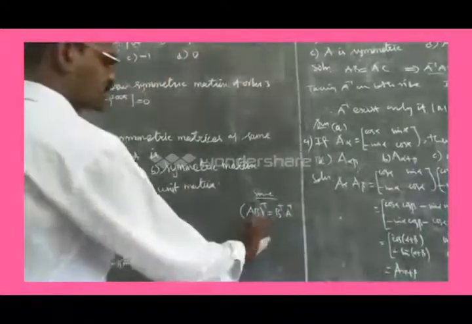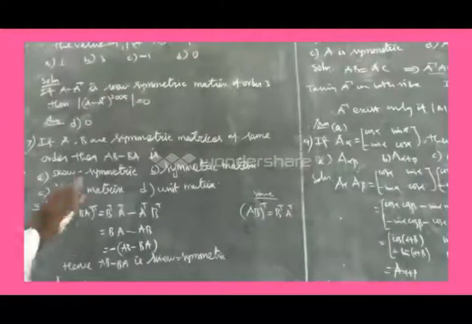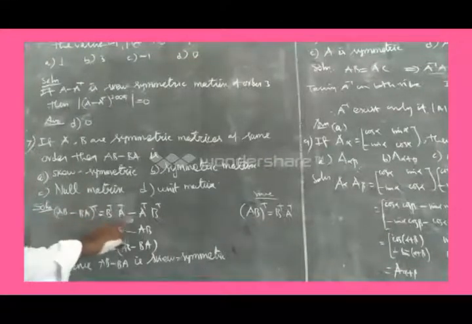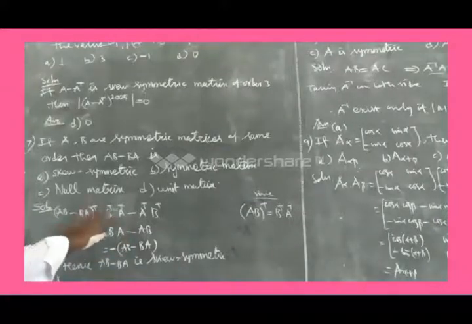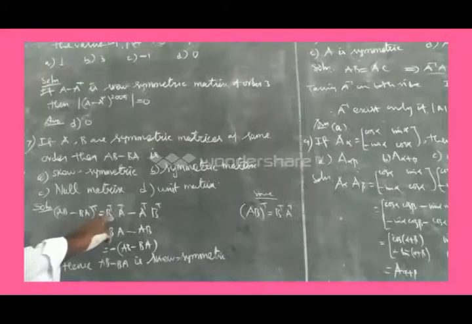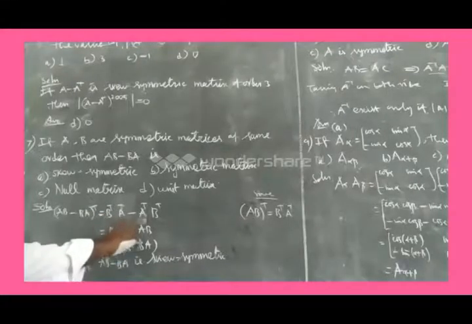So first B, second A, same concept. So B transpose into A transpose minus A transpose into B transpose of the matrix.